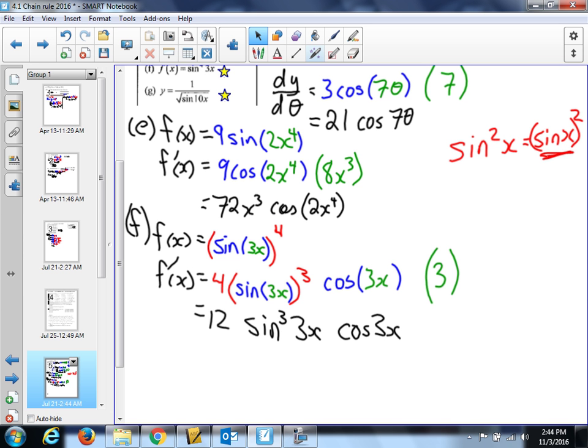Now G is essentially the same problem that we just did. I'll show you a nifty way to do that. You could use the quotient rule. I'll show you one way not to use the quotient rule. I mentioned it yesterday and I didn't show it to you. How could you rewrite this so that you don't have to use the quotient rule with the negative exponents?